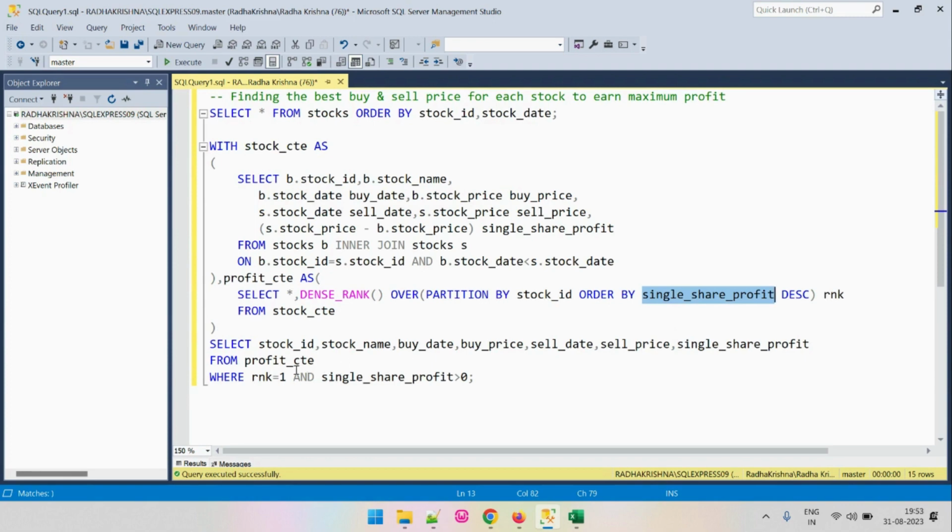Lastly, we operated on the data we retrieved and kept only those where rank is equal to 1, so as to give us the maximum profit.